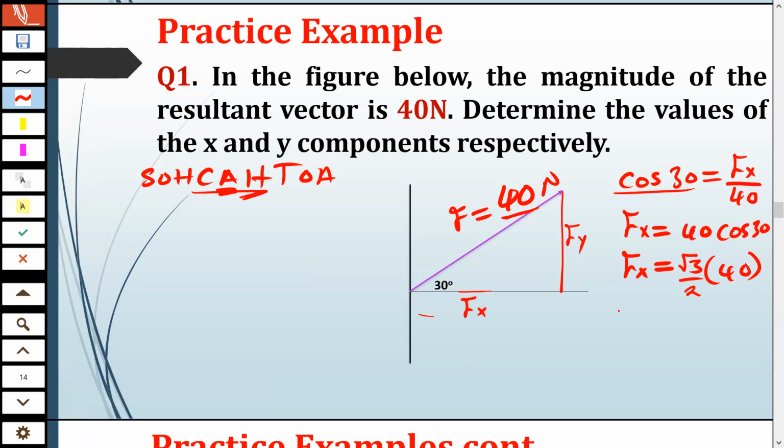This one is straightforward. This is going to give you 20√3, or if you use a calculator, the solution that you're going to get is 34.6. So the x component of this force is 34.6.